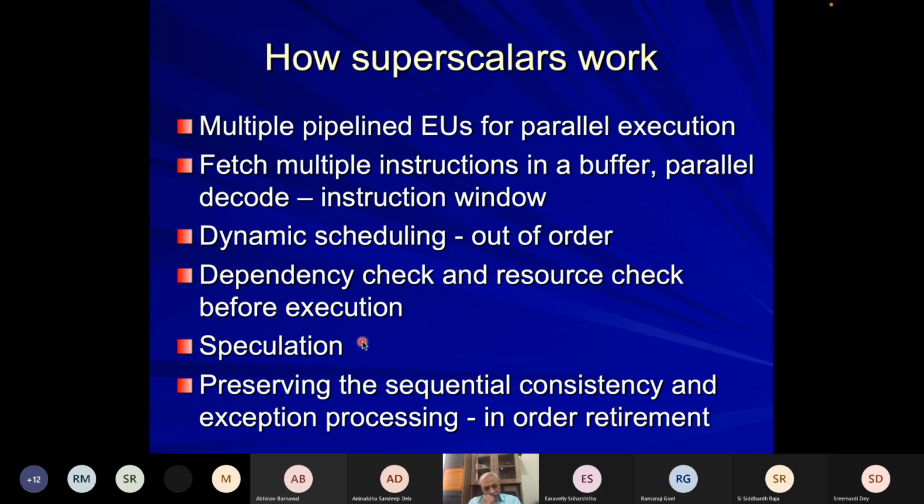Okay, so the updation of state means registers, memory, flags, and so on. So that is done in order. You may keep the results ready in some temporary area, but don't post the results out of order. Okay, you order them. So that final step is done in order.